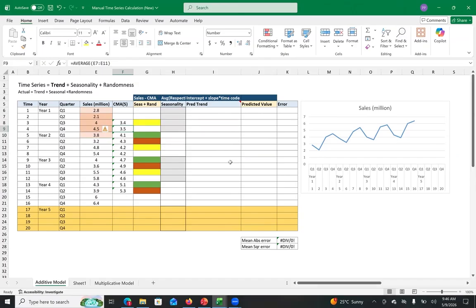I'll just copy paste this to the other rows as well. I cannot go beyond this, right? Let's start from here, right? Five values, five values. Now, if I will try to go beyond this point, let's say if I copy paste it more, you will see that actually it has only four values.